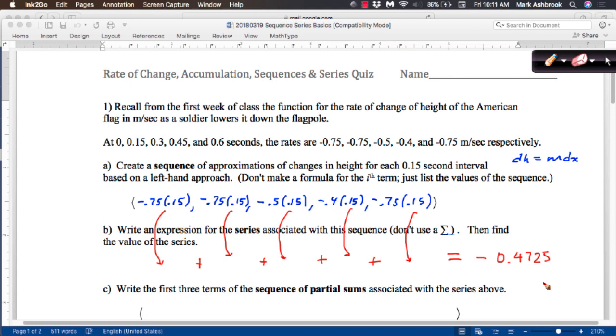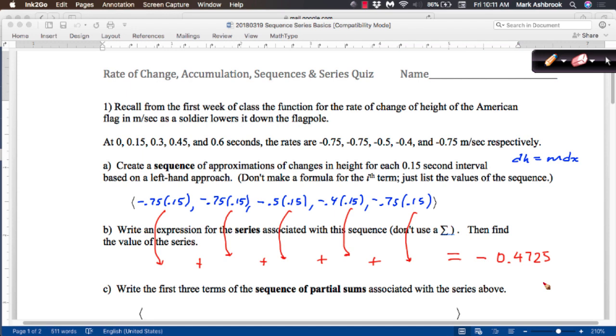So there are 5 intervals, right? But I gave you 5 rates. See, these are the rates at the left sides of each time interval.